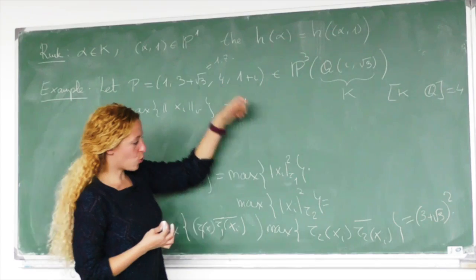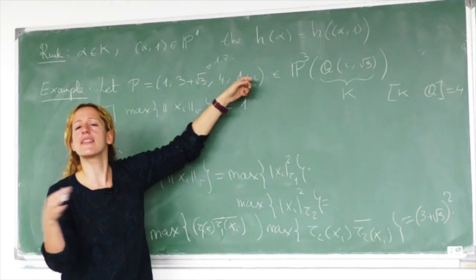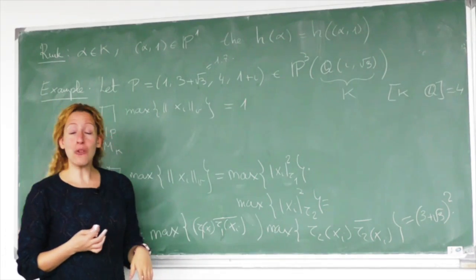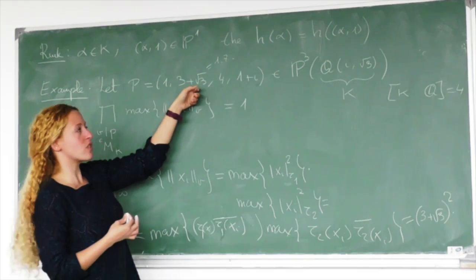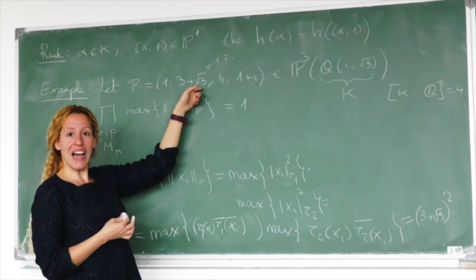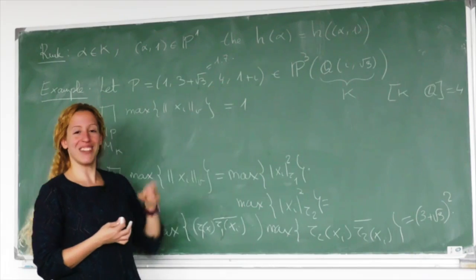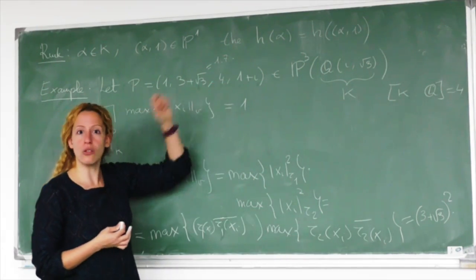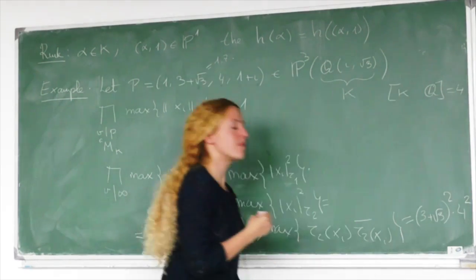Then a 4 squared here, and then here 1 plus I times 1 minus I, but this is again 2 and it's smaller than this, so it doesn't contribute to the maximum. But now, be careful. Now I'm looking at 3 minus the square root of 3. This is a real number, still positive, but smaller than the 4. So this time, for this second term, it is the 4 that wins. So I get a 4 squared.